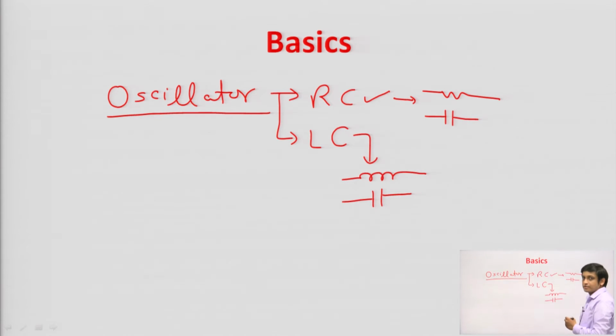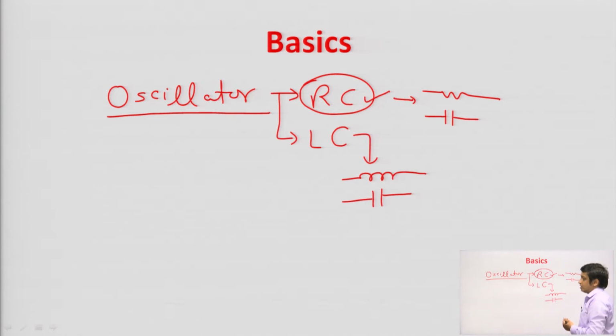In the last class I had discussed the RC oscillators. In RC oscillators we had seen that there are two types, one is the Wien-Bridge oscillator and the other one is the phase shift oscillator.